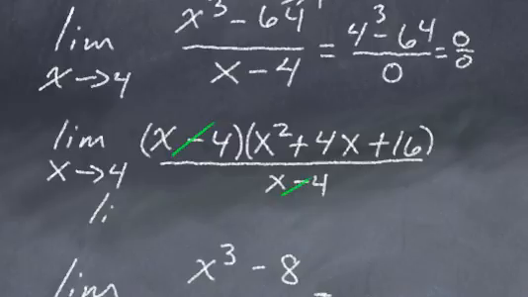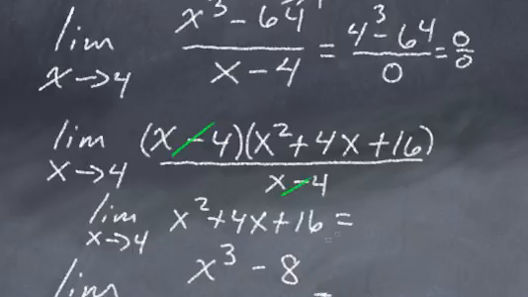So I have the limit as x approaches 4, and all we have left is this stuff up here in the top, which is x squared plus 4x plus 16, and then we do the direct substitution, plugging 4 directly in here, and that's going to be 4 squared plus 4 times 4 plus 16, and that's going to give us 48.